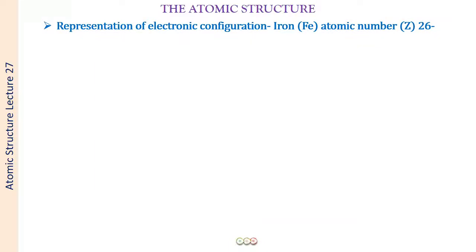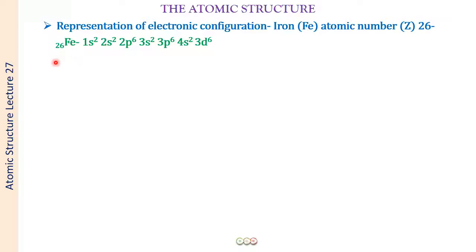Now, there are many ways in which we can represent the electronic configuration. We will take iron as an example, with atomic number 26, so it has 26 electrons.